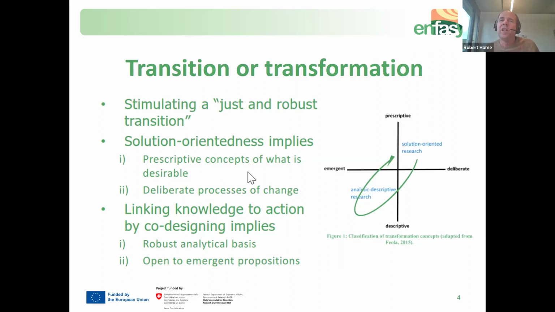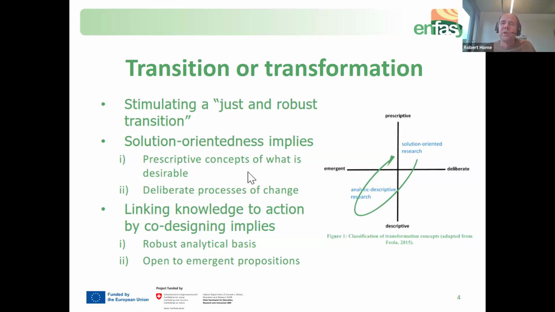And to help us navigate through these open questions, we used this classification of transformation concepts, which came from Fiola, which basically sets them out on a quadrant with the poles being prescriptive or descriptive, and the outer poles are emergent and deliberate, which was a good way of organizing these notions of processes of change.